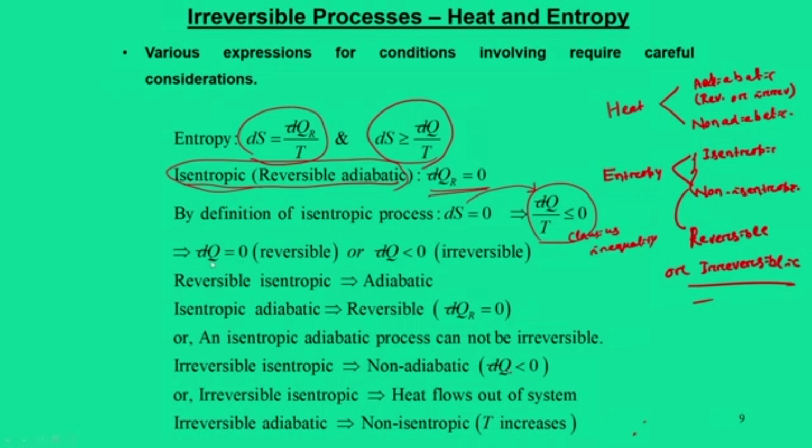We say that entropy is a point function. If you recall the first law, dU is a point function, but dQ and dW are path functions, and point function and path function are related. That is the assumption that we make in the beginning.